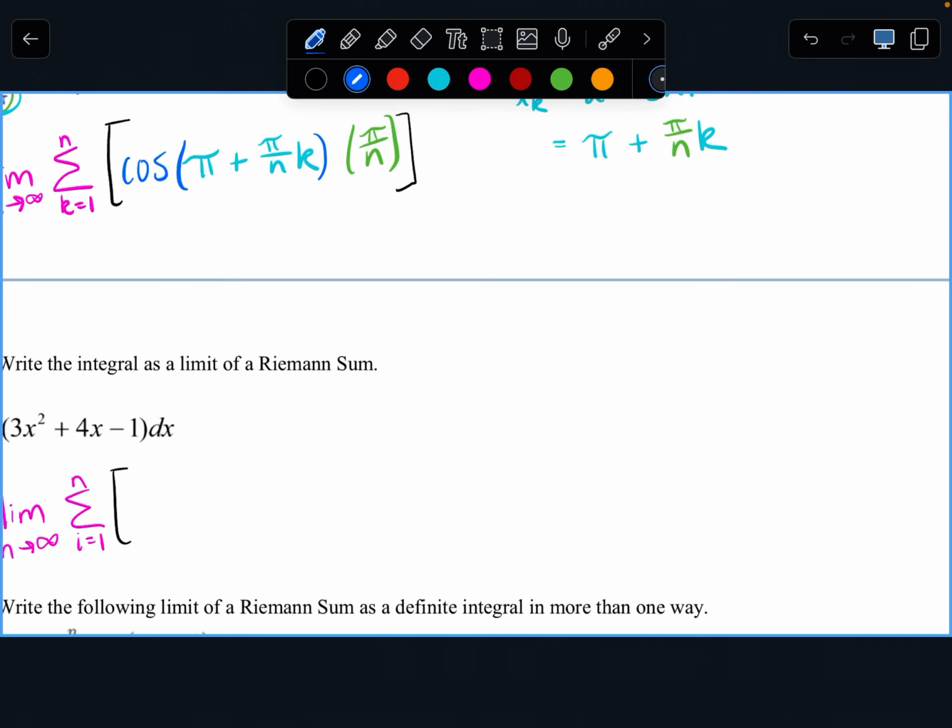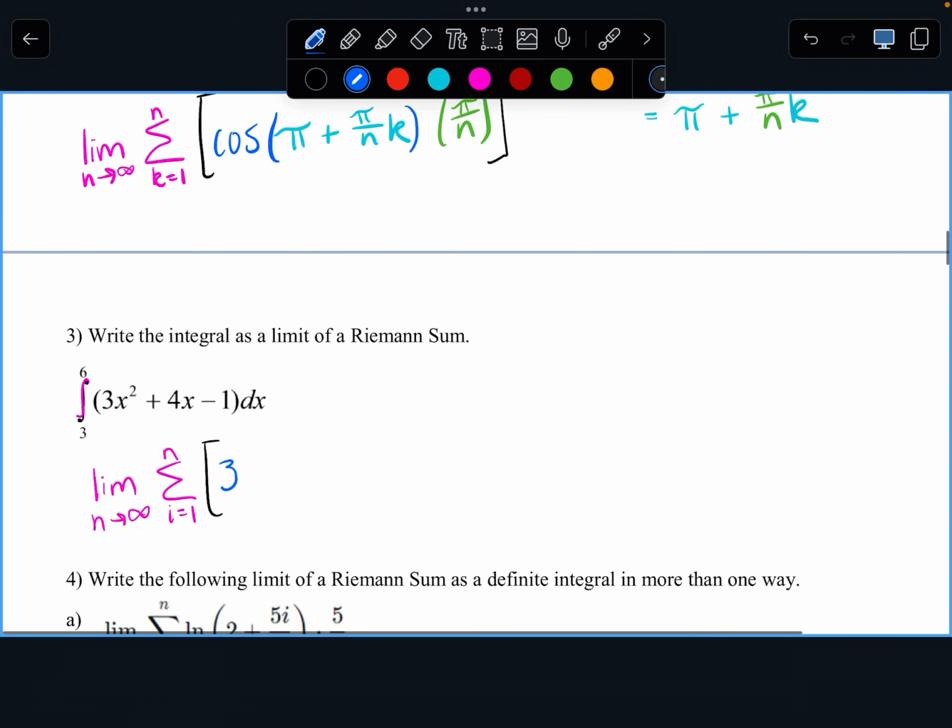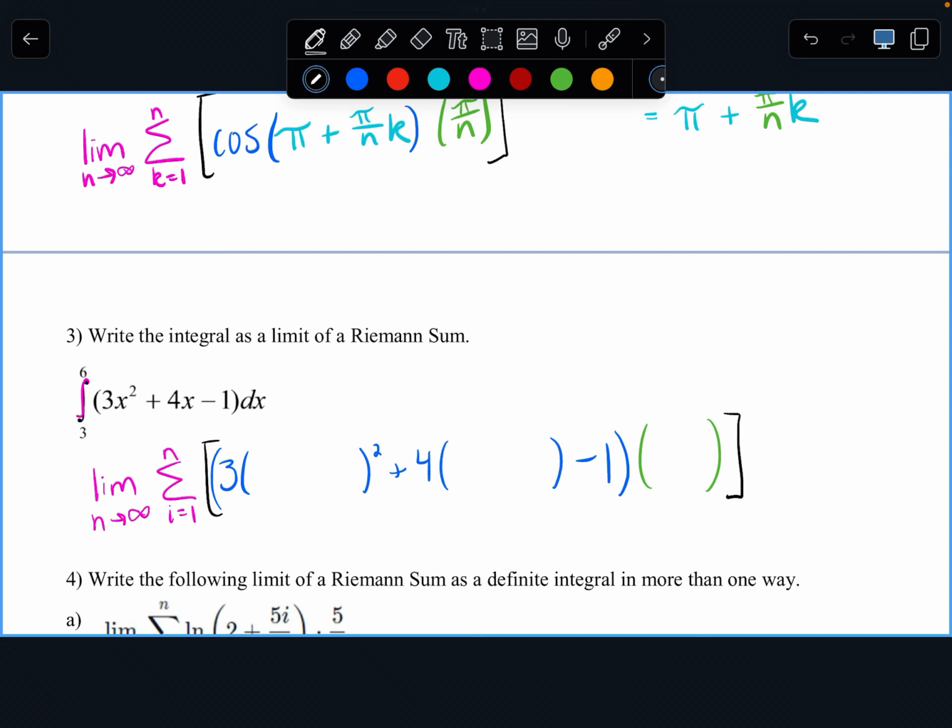So you're going to have 3 times all this junk squared plus 4 times all the junk minus 1. Actually, I should probably put parentheses with that. Then you're going to figure out your width, and that'll be your whole thing. It'll be super long because you're plugging in the x part twice.